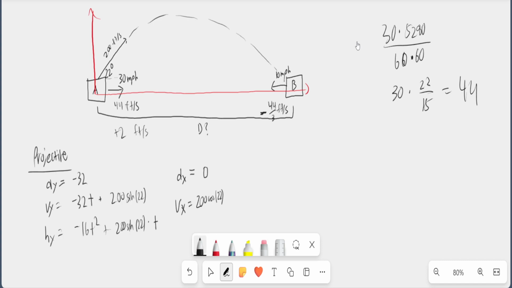Anyways, our position in terms of x is 200 cosine 22 times t plus our initial position in terms of x. And you know what we can do? Oh shoot, you know what I forgot?